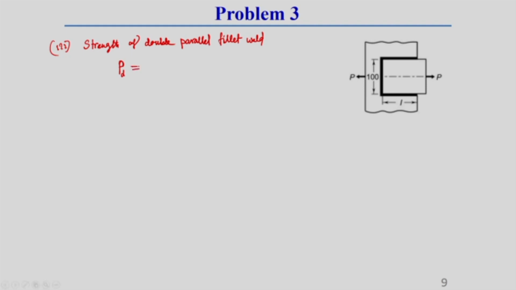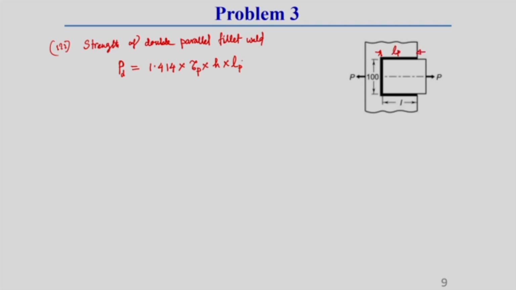So, PD equal to, we know already the relationship, 1.414, and parallel fillet weld is generally subjected to shear stress. So, permissible shear stress, here I am writing tau P into h into the length of the parallel fillet weld, which I am representing as LP.